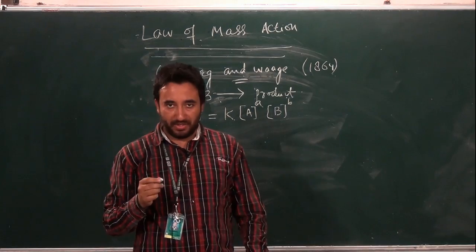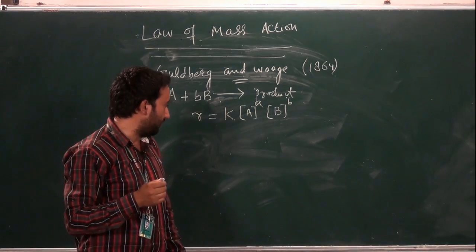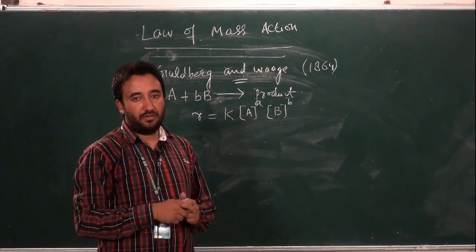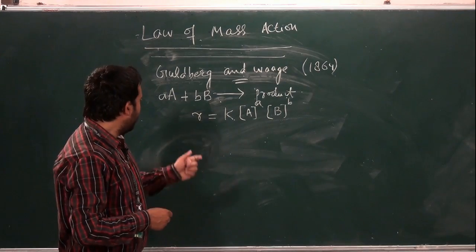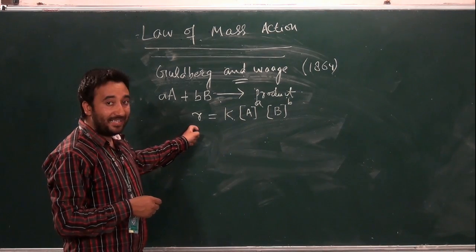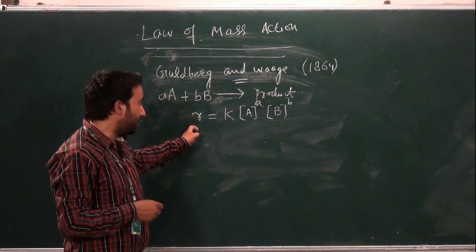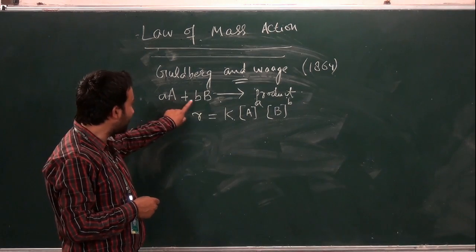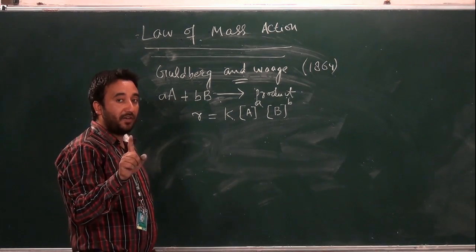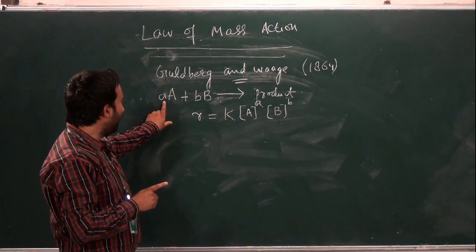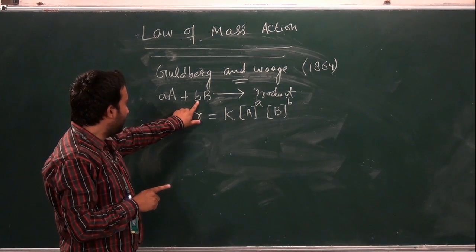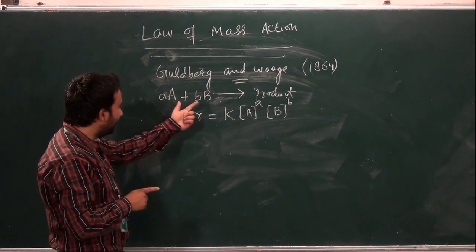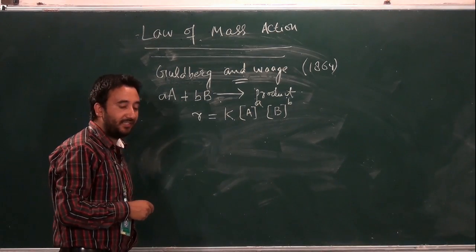To define more precisely the law of mass action: at constant temperature and at a given time, the rate of reaction is directly proportional to the product of the concentrations of the reactant species raised to power the number of molecules of the respective reactants in the given reaction.